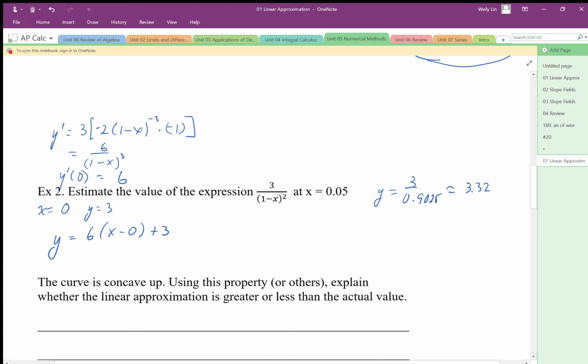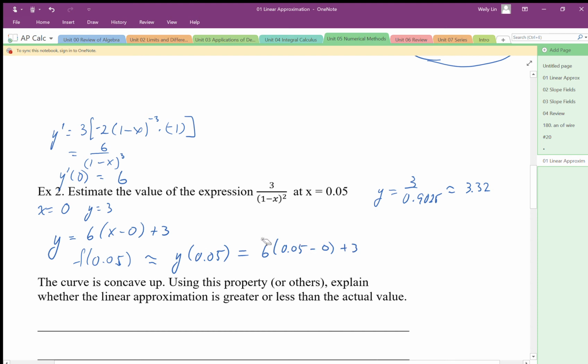So f of 0.05 is approximately equal to y at the same x value. If I plug it in, I get 6 times 0.05 minus 0, plus 3. Essentially, this is my run.